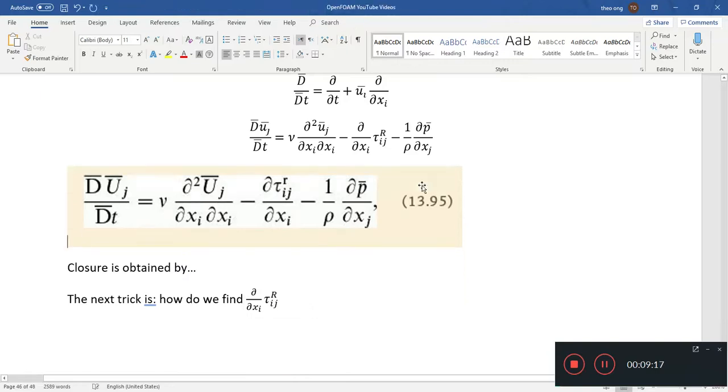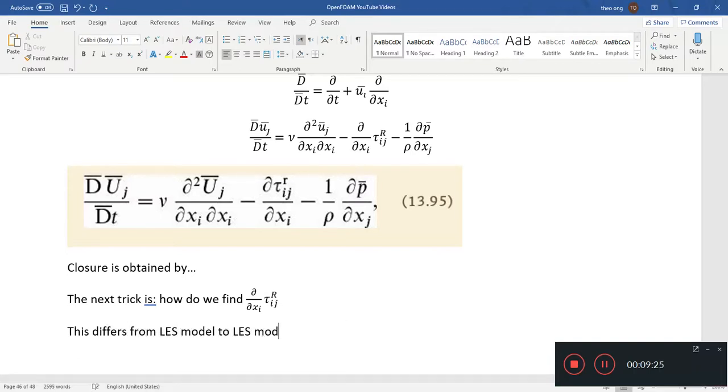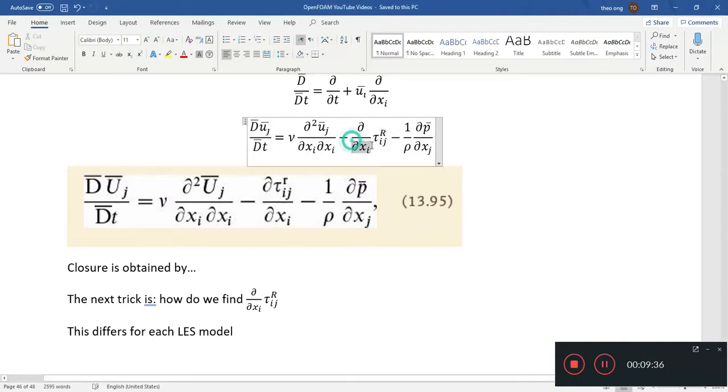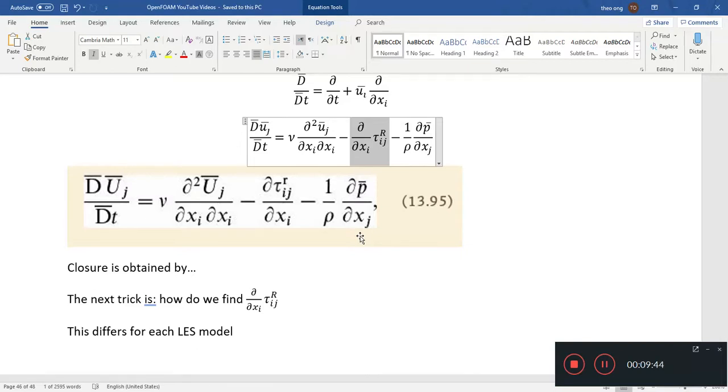That will differ from LES model to LES model. This differs for each LES model. So this is more of an art than a science, so to speak. You can either use empirical fits or use some constants and all.